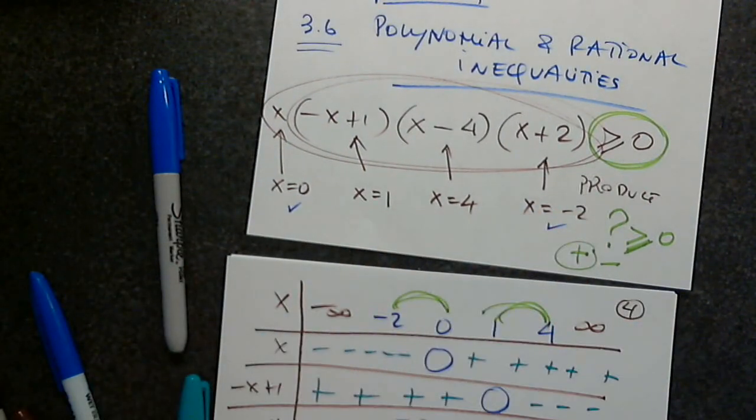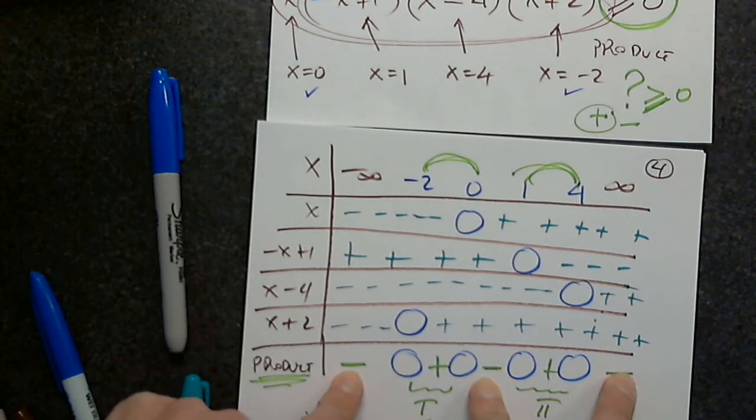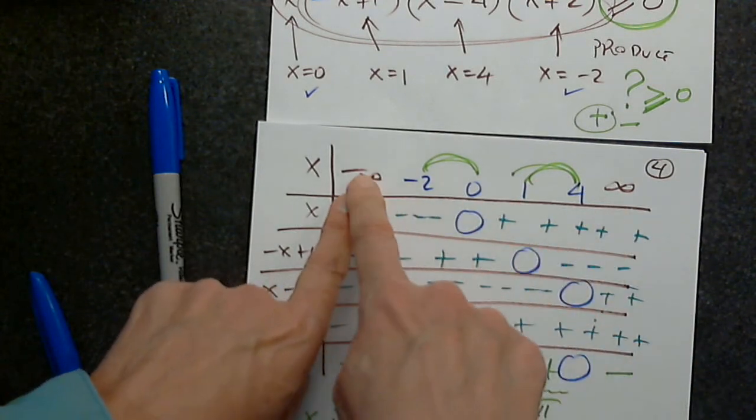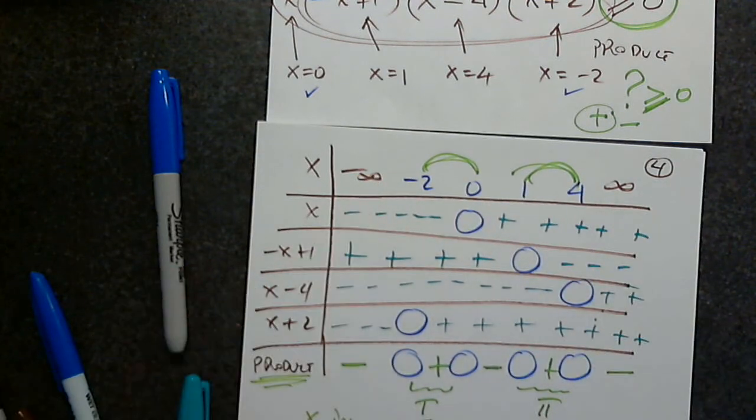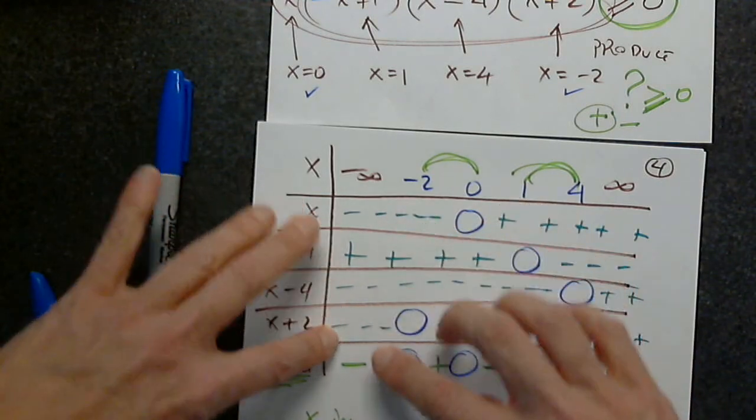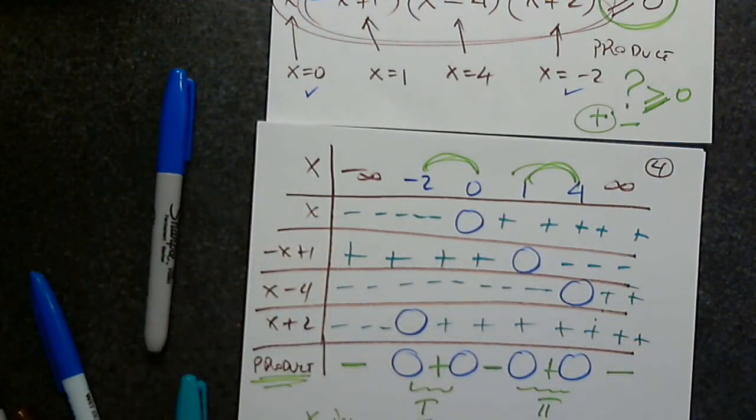It will be negative, because that's what the result is. It says negative. So if I pick this or this or this, I will get a negative number. Why is it negative? Because 3 negatives will give us a negative when we multiply them.